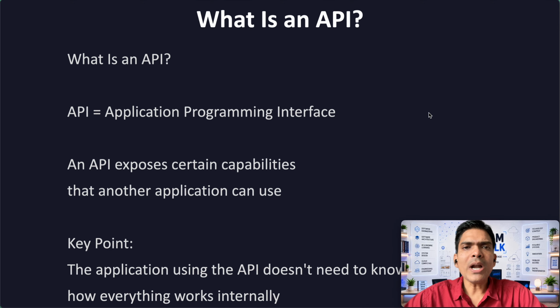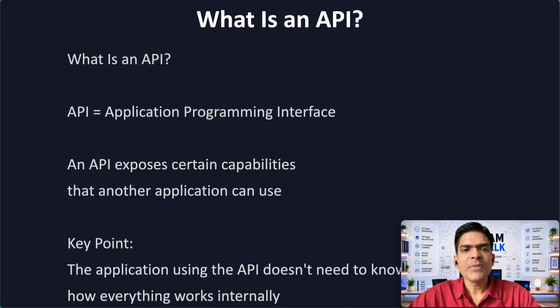So, what is an API? API stands for Application Programming Interface. In simple terms, an API exposes certain capabilities that another application can use. The important part is that the application using the API does not need to know how everything works internally.